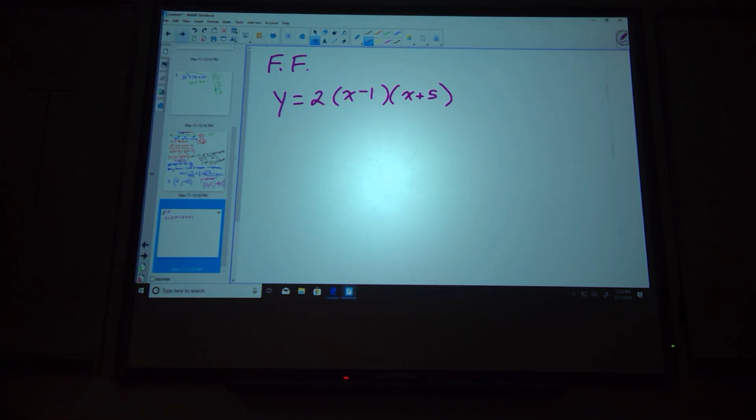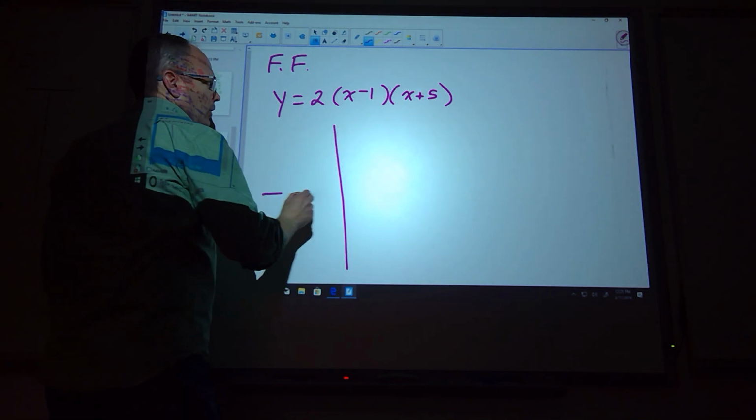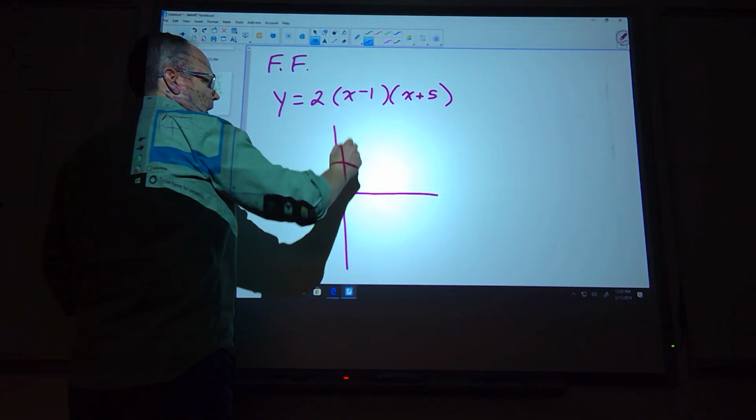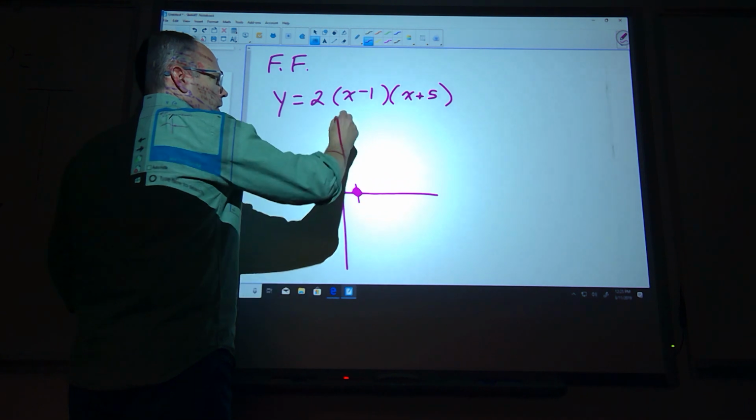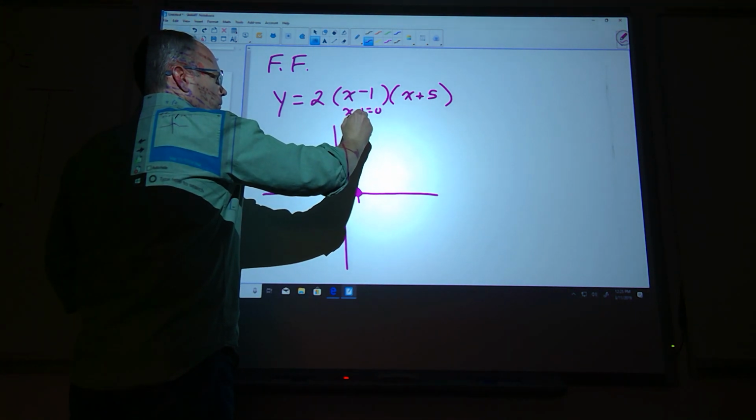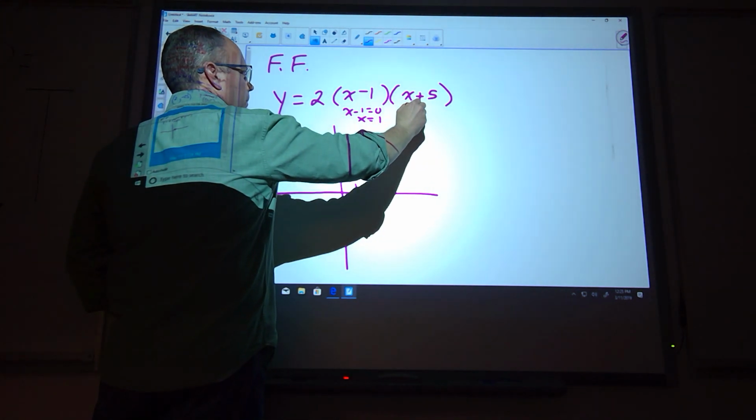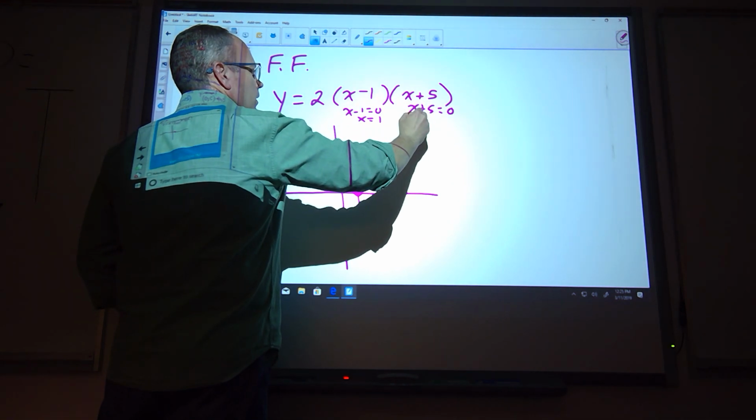So those will find me my roots right now. My roots are being handed to me. Agree? Okay? So if we go and we graph this, I'm just going to draw it by hand. So this would happen at positive 1. And this is going to happen at negative 5.